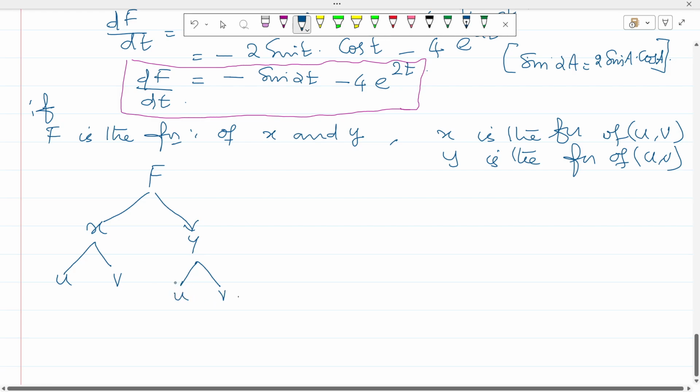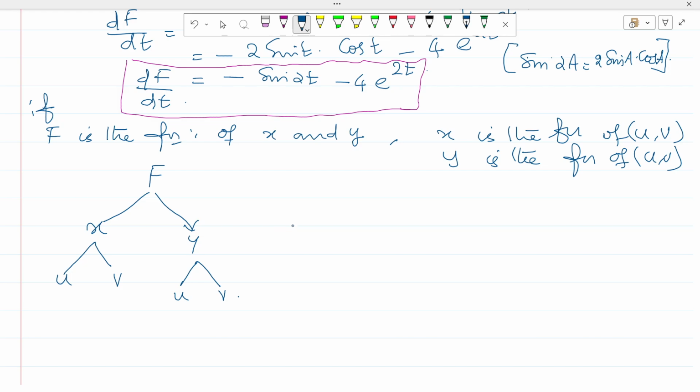Then what are the possible derivatives? Here f is also a function of two variables.